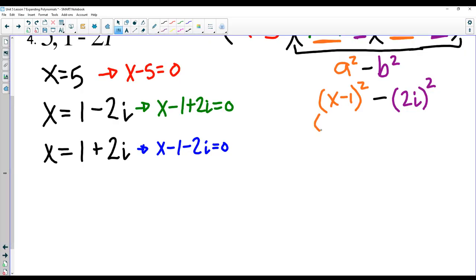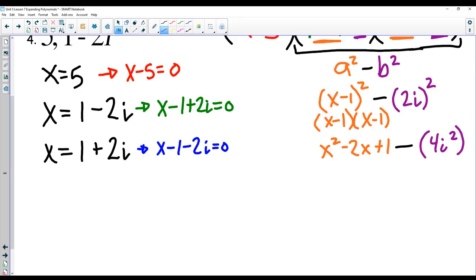So what we want to do is this x minus 1 squared is written like this. So we want to take a second and FOIL that out. So after we FOIL that out, we get x squared minus 2x plus 1. And then this purple stuff, we end up getting 4i squared when we square that.